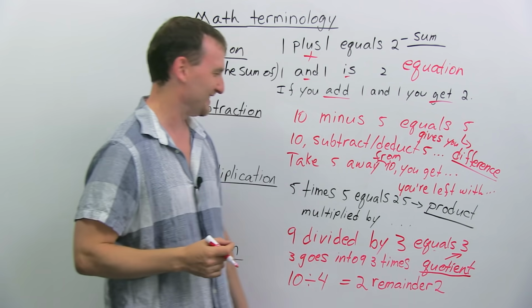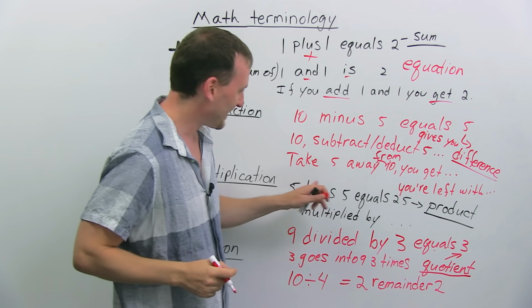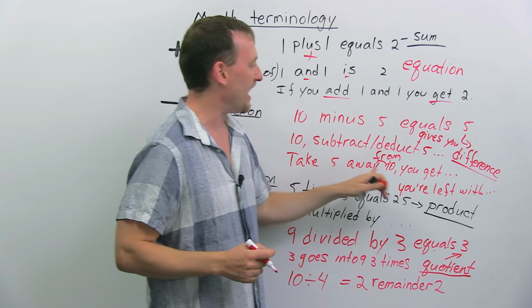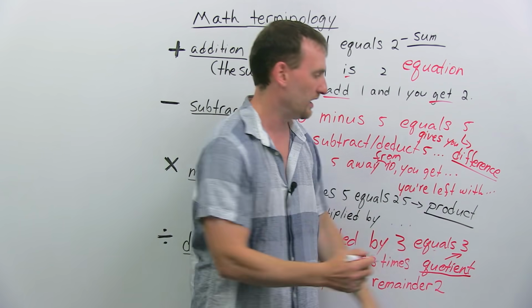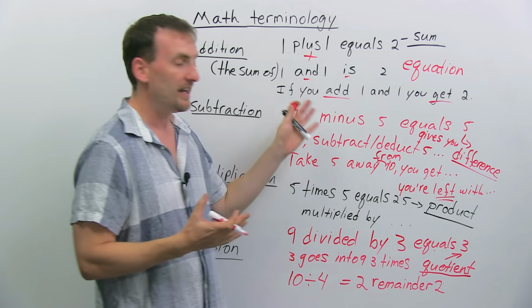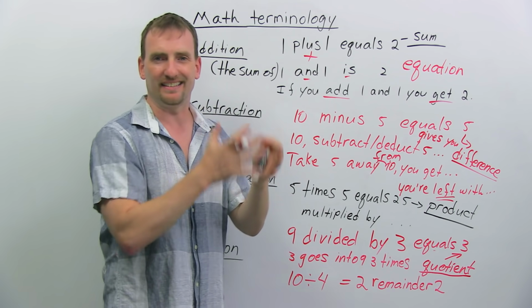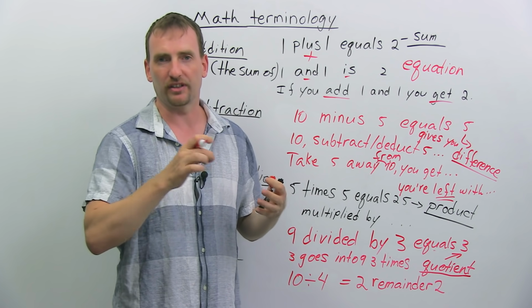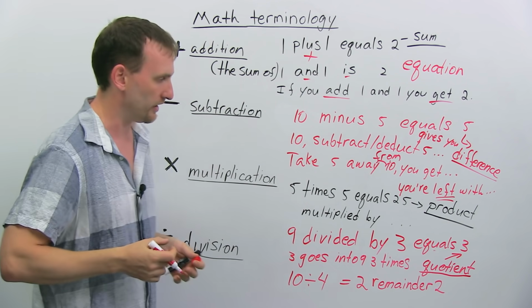Sorry, I had to think about that. Maths, not my specialty. So, take 5 away from 10, you're left with 5. Left with means what remains. Okay, so again, different ways to say the exact same thing. So if you see different math problems and different language, you can understand what they're saying.